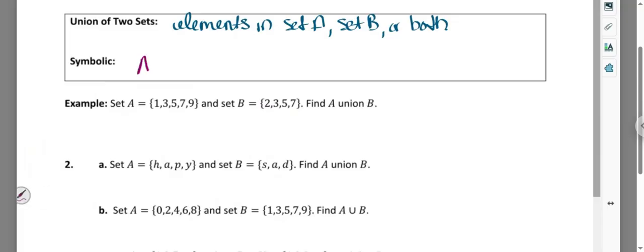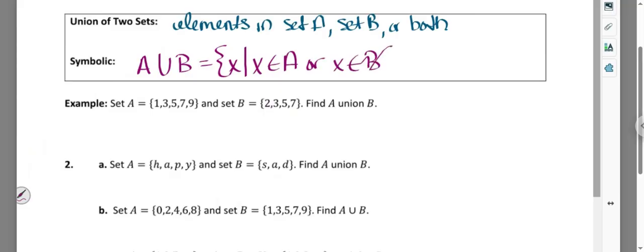Symbolically, the union of A and B. X is an element of A, or it can be an element of B. Does not matter.